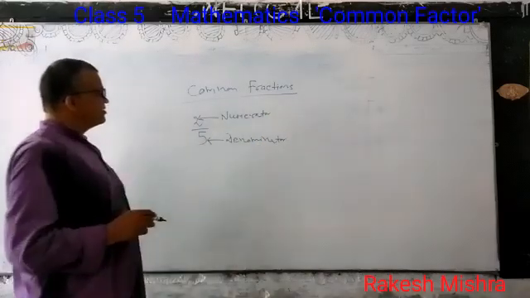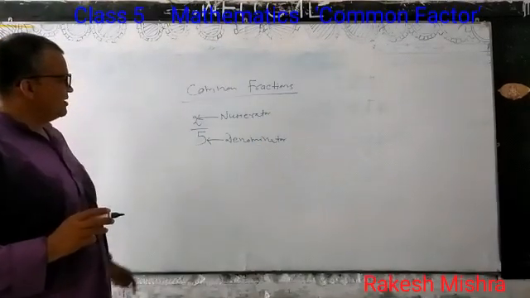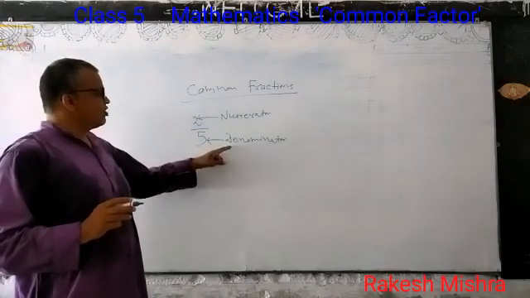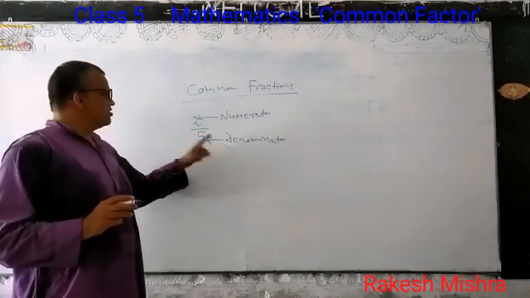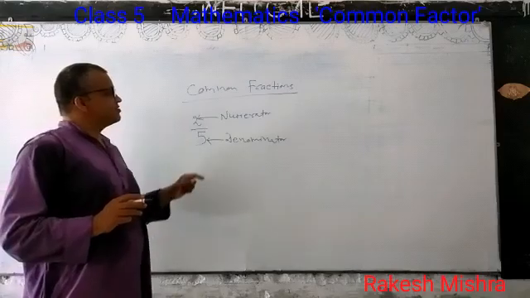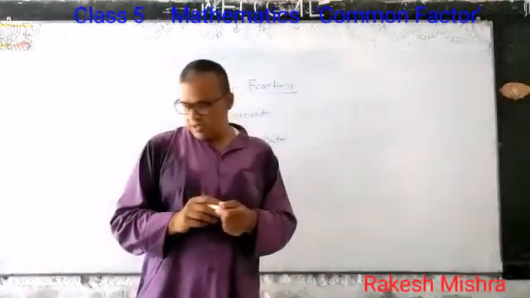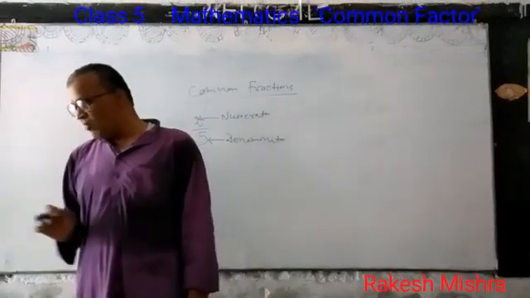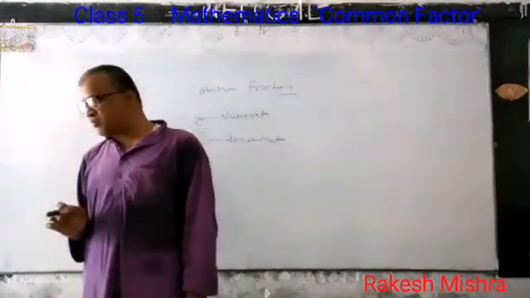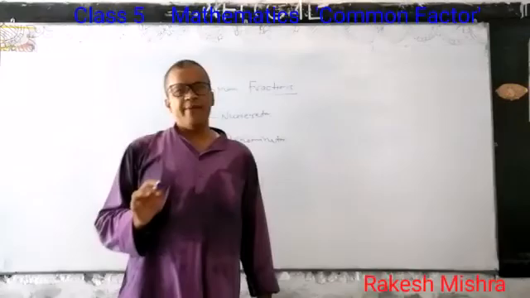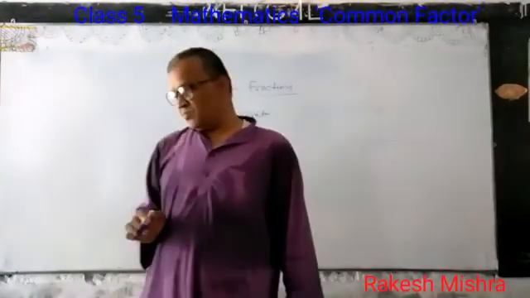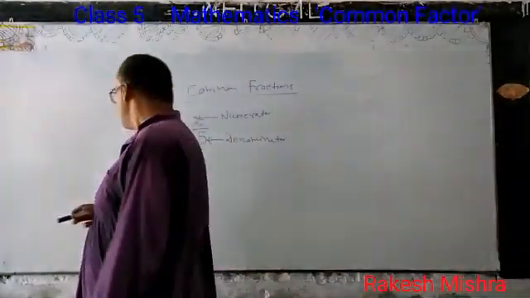It is clear a number which has both numerator and denominator is called fraction, also called common fraction. So in this common fraction, some types of fractions we have to learn one by one.